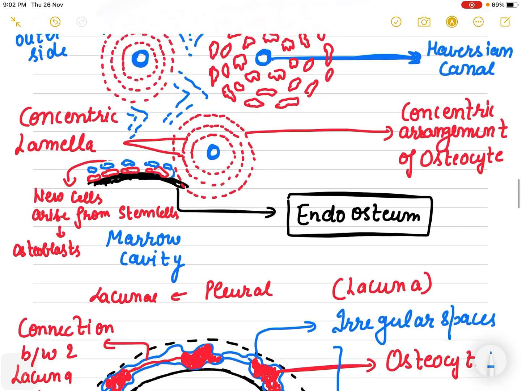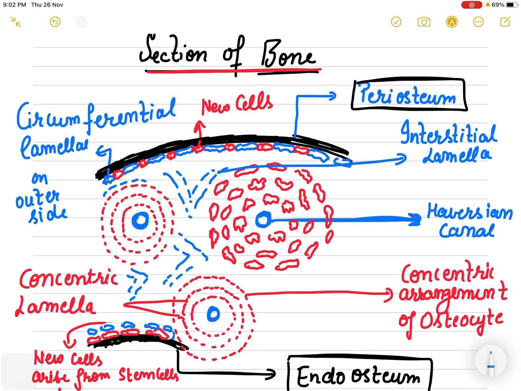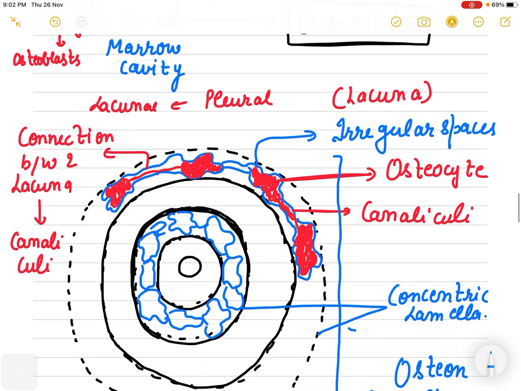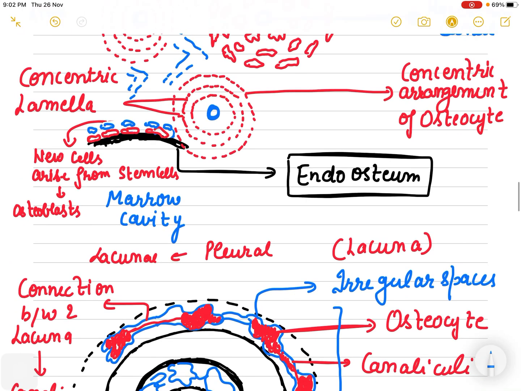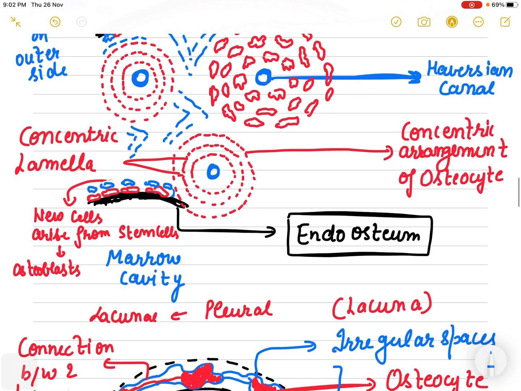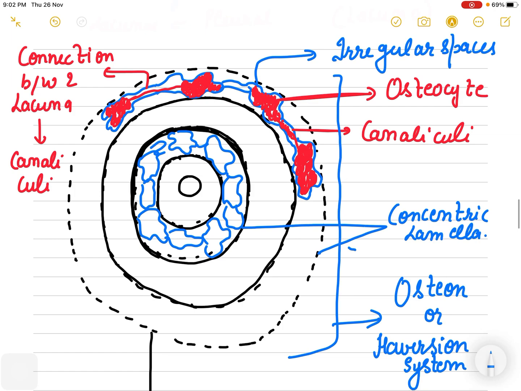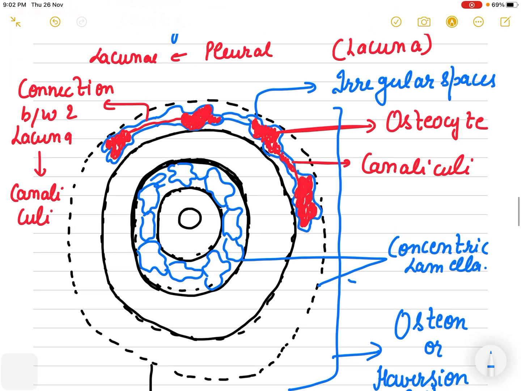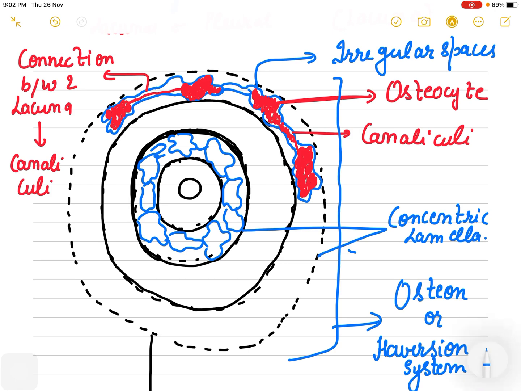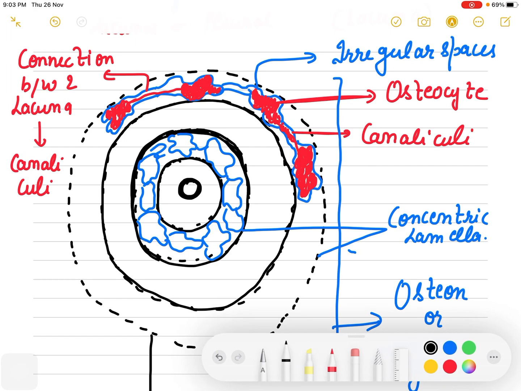But before I take you to this structure, we are going to enlarge our Haversian canal, to see how it is arranged in the system. As you can see, this is one Haversian canal. It is arranged in concentric rings.